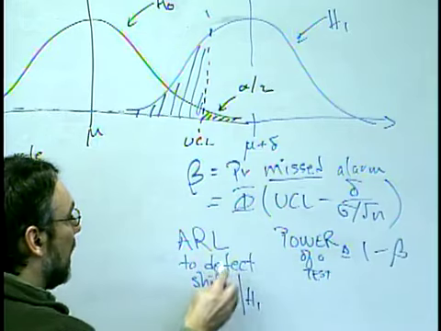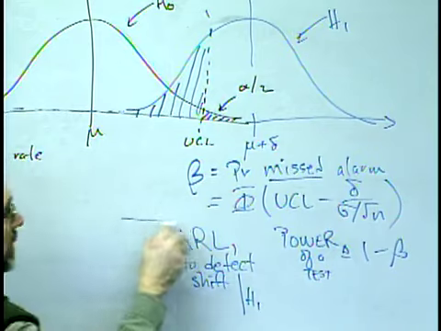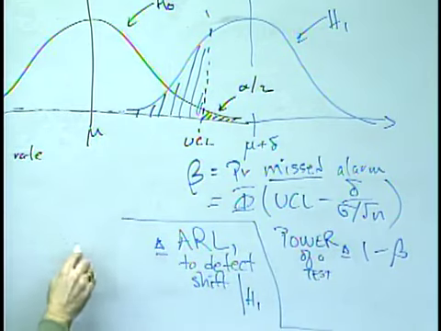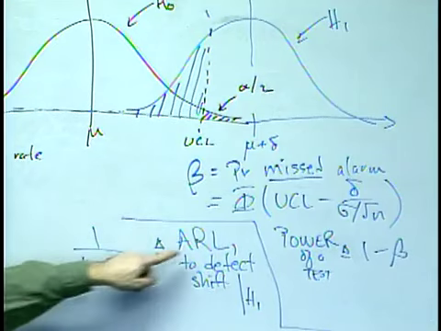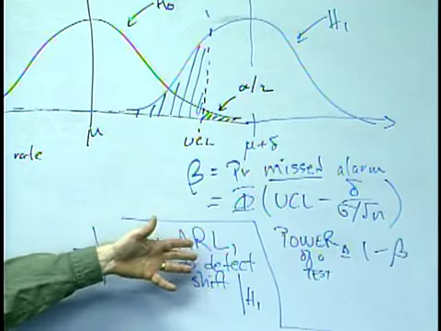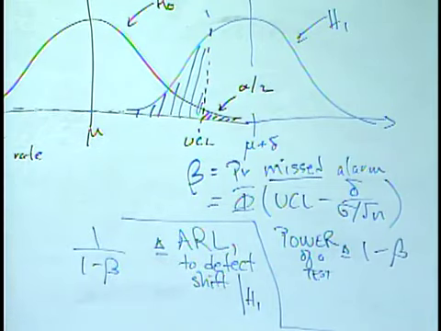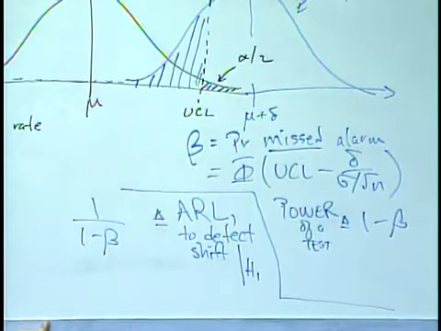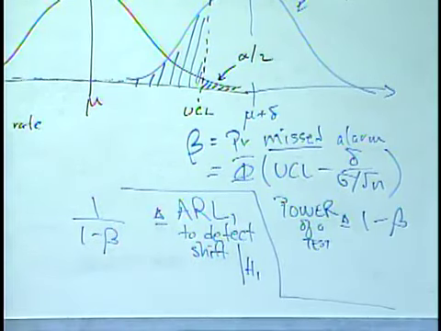And average run length sub 1 is defined as 1 over 1 minus beta. So this is the average number of runs it takes to detect the shift, assuming it actually occurred. Okay, everybody happy with this so far? Is it starting to all fit together?